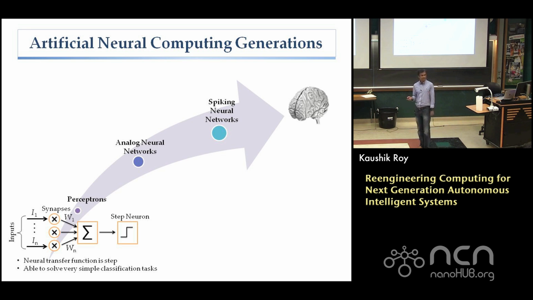That little box that I showed has inputs coming in from those other little boxes, and what it really ends up doing is it has a bunch of these inputs which are coming in, which are multiplied by some weight, W1 through Wn, and they are summed.